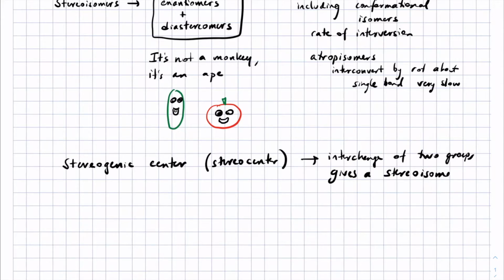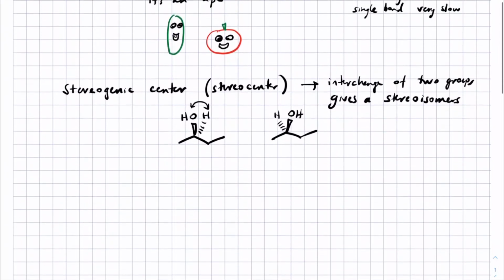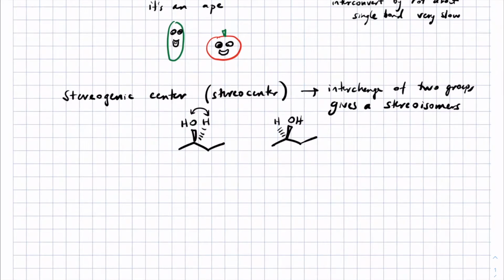So this encompasses the classic sort of thing you would have thought of with chiral carbons or chiral centers. That is, if we interchange these two groups, we have another enantiomer, right? But it also is a little bit broader.